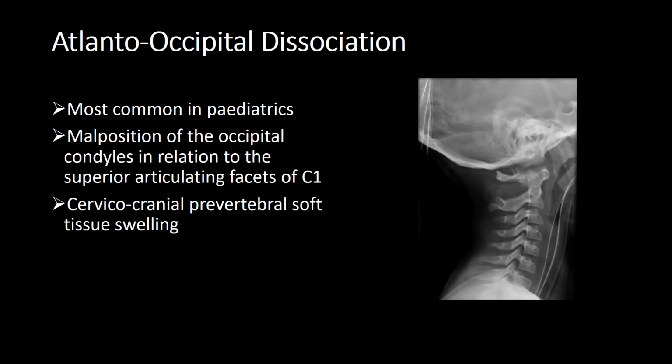Atlanto-occipital disassociation. This covers both subluxations and dislocations. It's most common in pediatrics. In adults, it's due to major trauma, usually from motor vehicle accidents, and it is nearly always fatal.